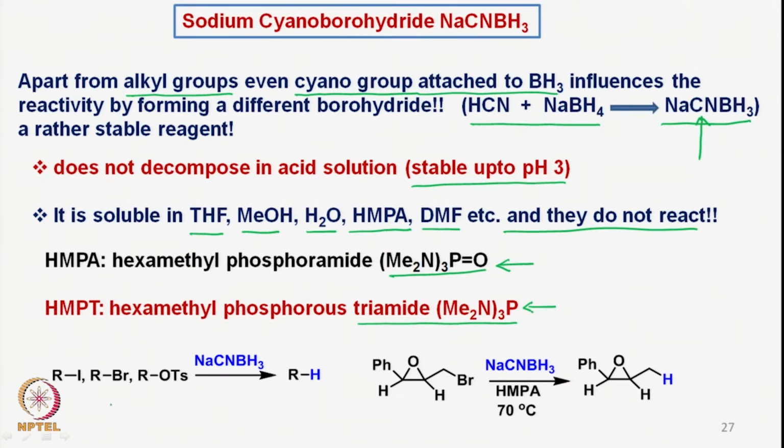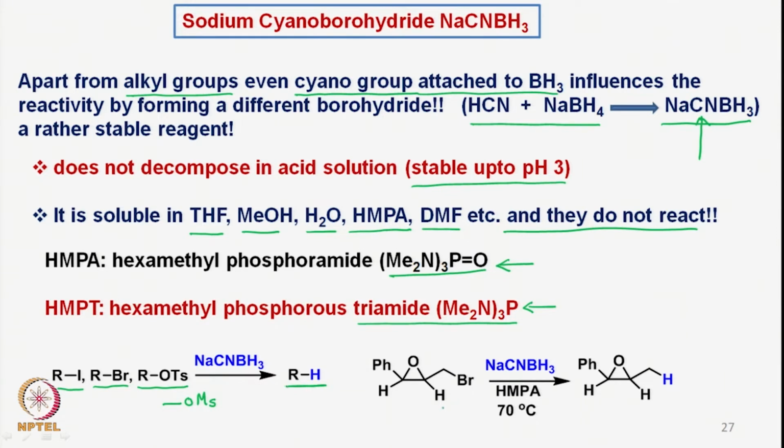What reactions does sodium cyanoborohydride allow? If we take a halide such as RI or RBr or R-tosylate, where there is a fairly good leaving group, such as an iodide, bromide, tosylate, or even a mesylate, that is para-toluenesulfonyl or methanesulfonyl, sodium cyanoborohydride reduces these molecules, the leaving group goes, and hydrogen is introduced at the R position.